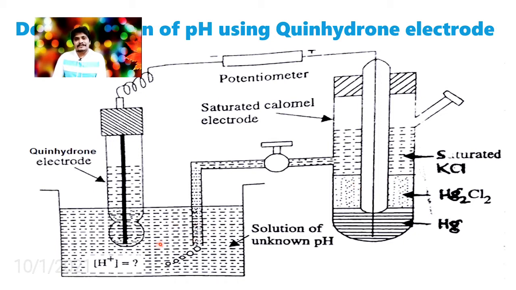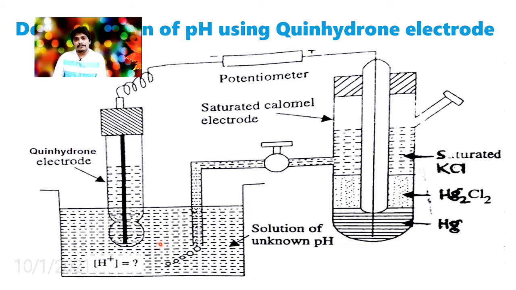Once the EMF is produced, we use its mathematical expression according to the IUPAC convention. The formula for the EMF, that is electromotive force, is E cathode minus E anode. E cathode is the electrode potential of the electrode acting as cathode, and E anode is the electrode potential of the electrode acting as anode.